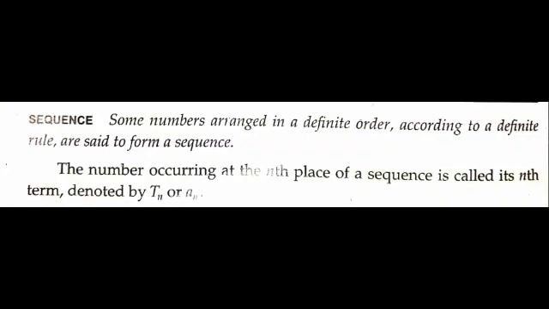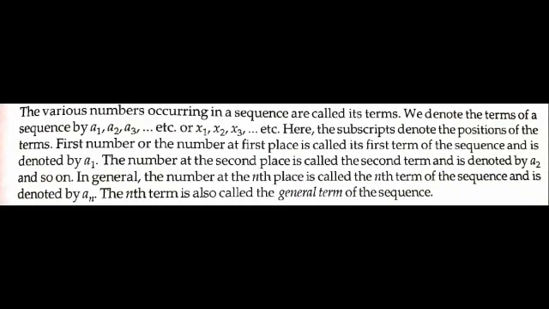So here at this point of time it should be clear that the various numbers occurring in a sequence are called its terms. We denote the terms of a sequence by A1, A2, A3 and so on, or x1, x2, x3 and so on. Here the subscript denotes the position of the term.